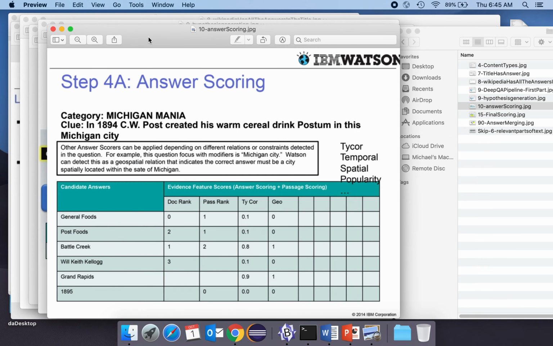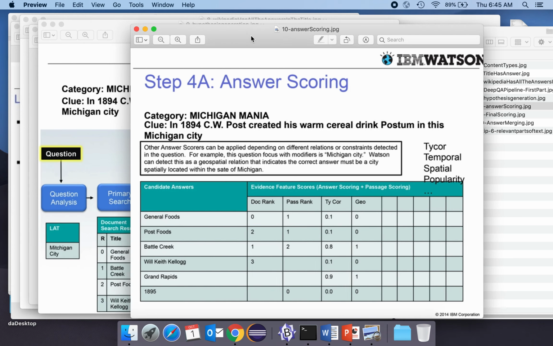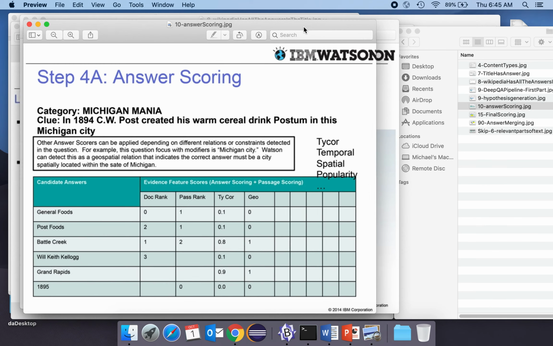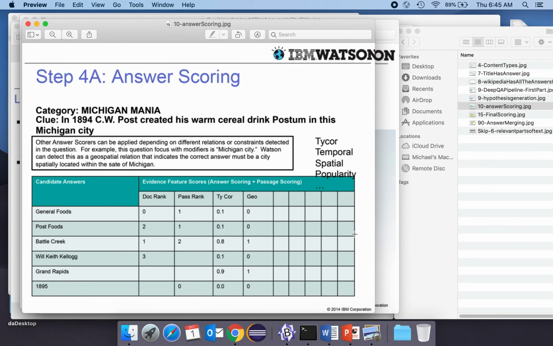So answer scoring, so they have all these answers, right? And I showed you a slide last time where there were arrows from each of the individual components from earlier in the processing pipeline, some of them over here, to the final merging and answering component. And so this is actually a huge spreadsheet, so to speak, of information.